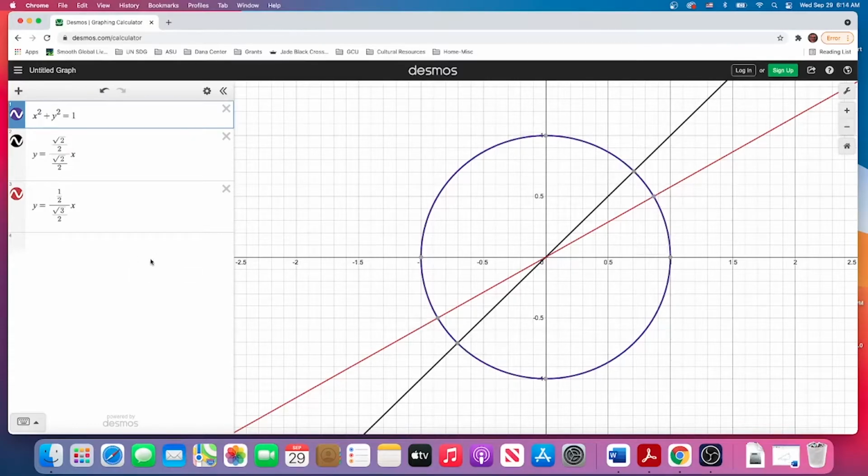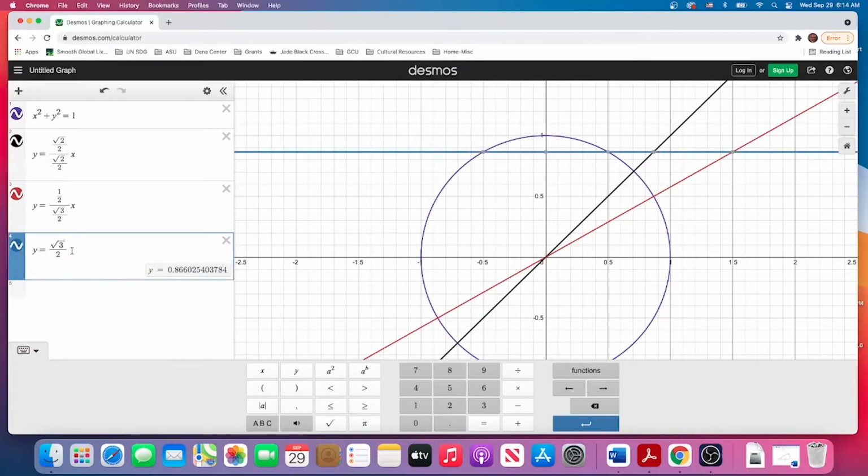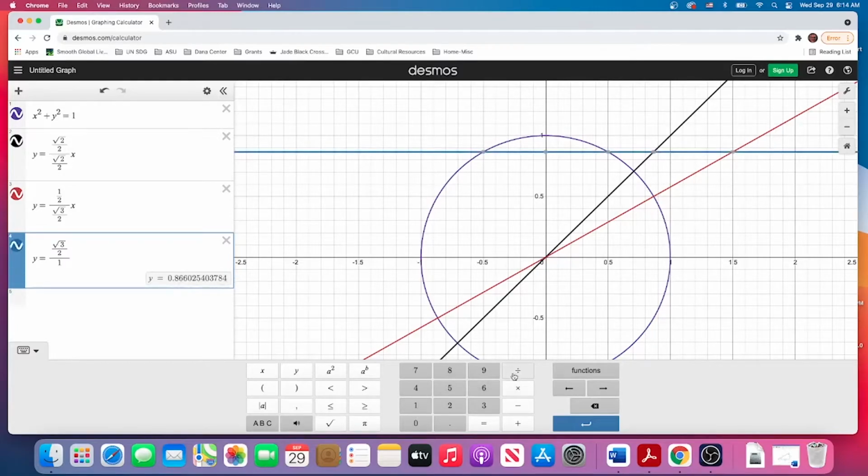The last one we need for the first quadrant at least is y equals, and now we're going to flip. So we're going to go square root of 3 divided by 2. And then we're going to click out here because I want to divide that fraction by 1/2, 1 divided by 2.